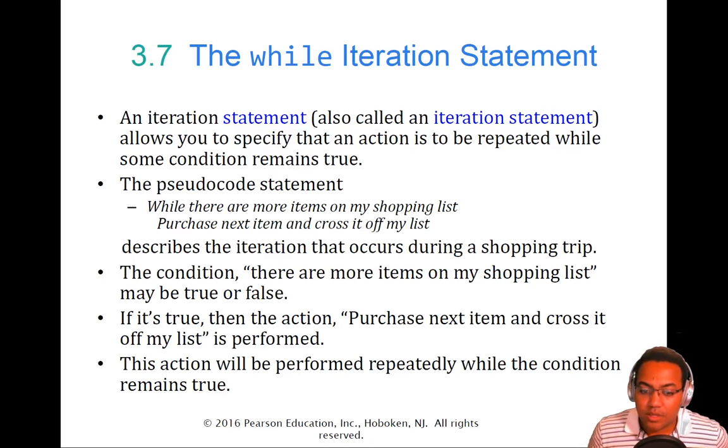An iteration statement allows you to specify that an action is to be repeated while some condition remains true. While there are more items on my shopping list, purchase the next item and cross it off my list. The sentinel value is that there are no more items on my shopping list.